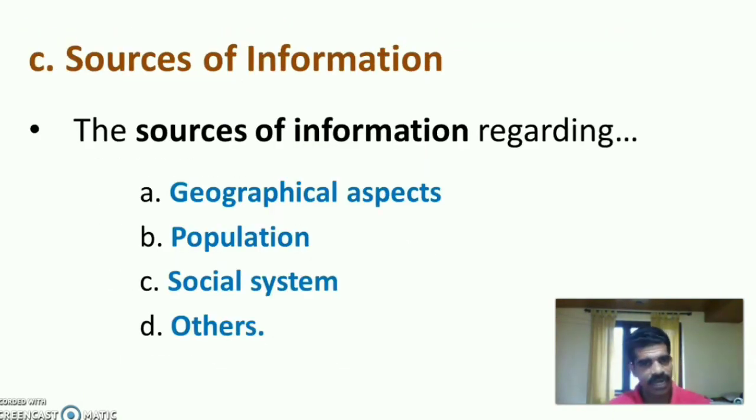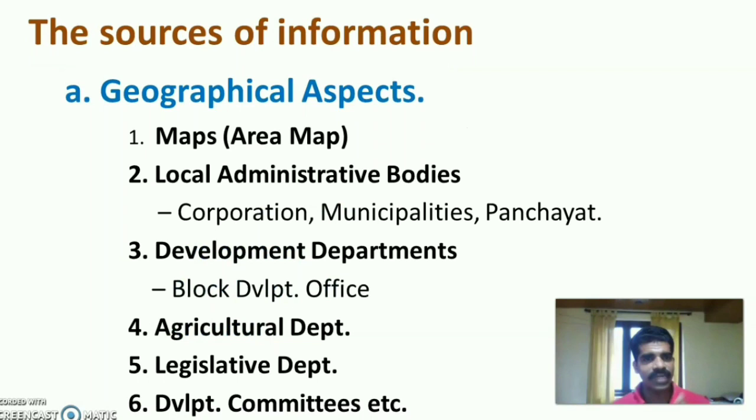Sources of information regarding geographical characteristics, population characteristics, social system or socio-political subsystems, and others. Sources of information regarding geographical aspects could be available from the maps or area maps of the community, local administrative bodies, development departments such as block development office, agricultural department, legislative department, and other development committees.